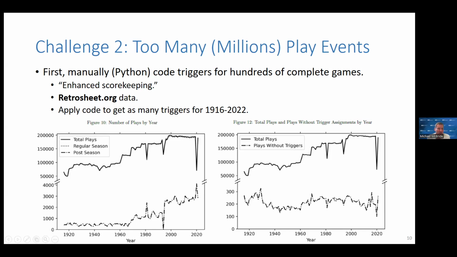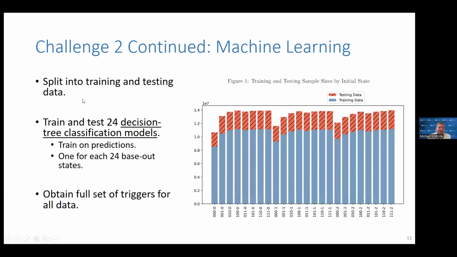So this is where the machine learning is going to come in, because I'm going to train the machine learning model to interpret all the plays, including the ones that I couldn't manually do myself. So I'm training the machine to be a scorekeeper, to do this enhanced scorekeeping, to judge plays as triggers, not just single play events. We're going to take all the data where I could assign triggers and split that into training data and testing data.